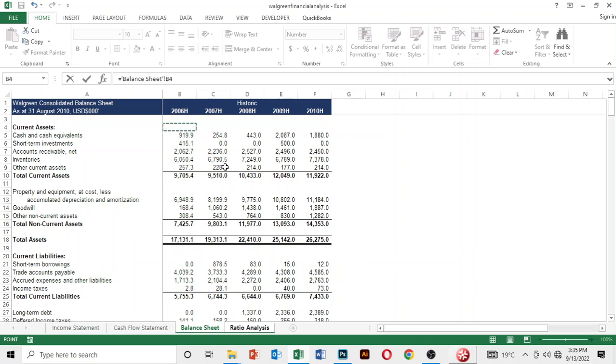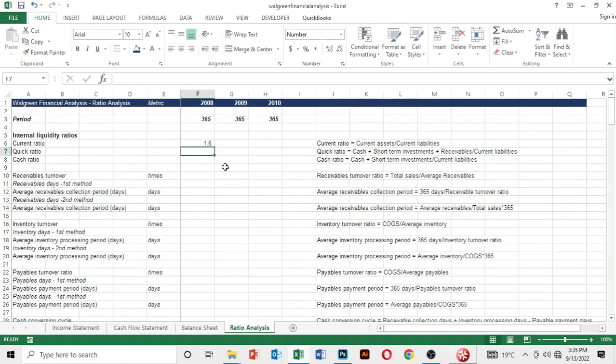Then we find row 10, and we need the total current assets figure for 2008. Then we press the divide sign there, go down to the current liabilities section, select the total current liabilities figure for 2008, and press Enter on your keyboard.